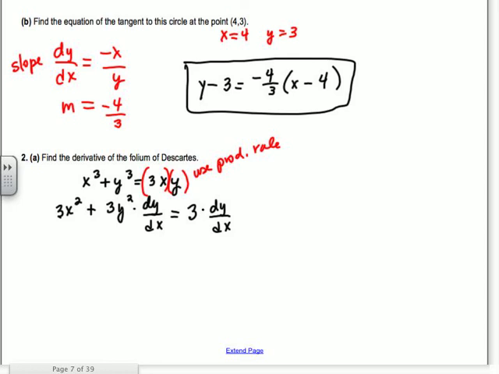Or you can think of it as 1 times dy over dx. All right, so we need to solve for dy over dx. How do I do this?